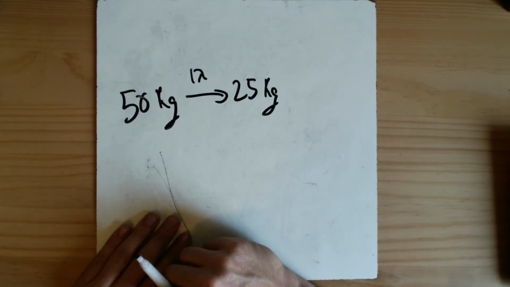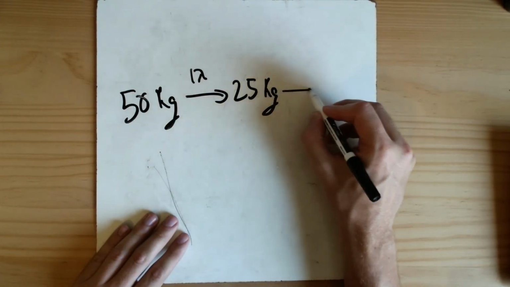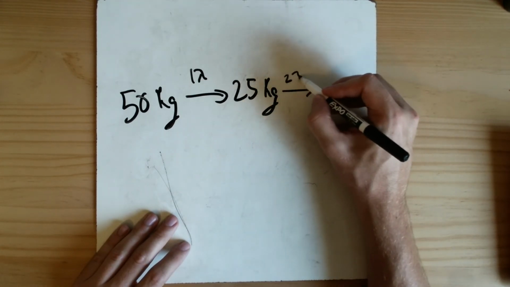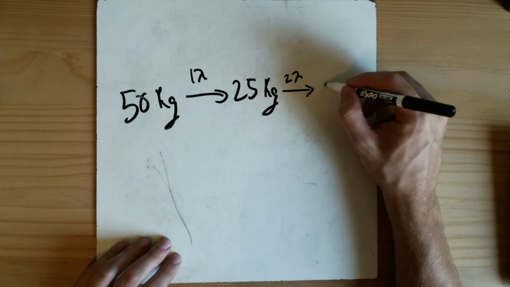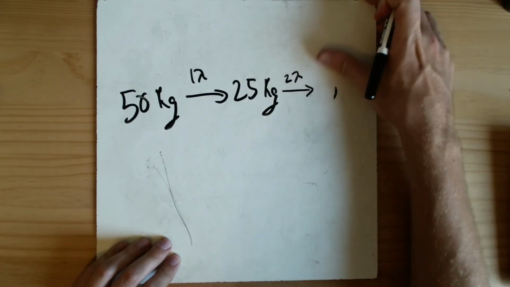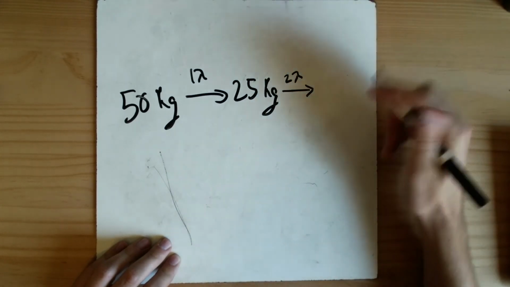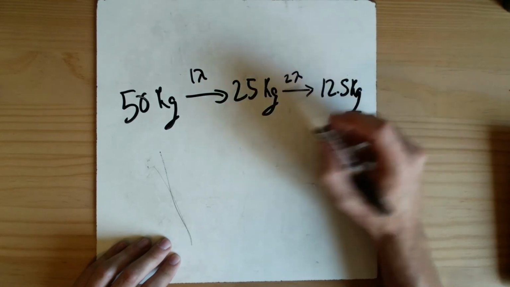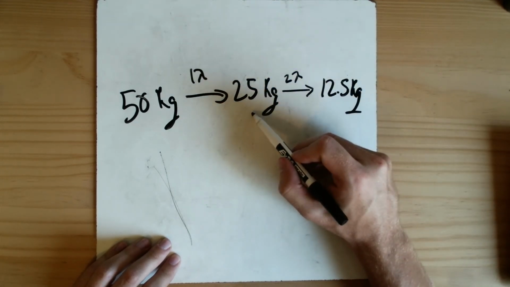That makes sense to a lot of people. What happens next is the part where I catch people sleeping. After the second half-life, I don't have 0. This is wrong. After the second half-life, I have 12.5 kilograms. I did half of this number right here.